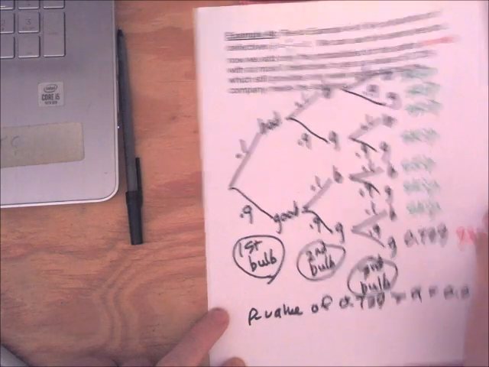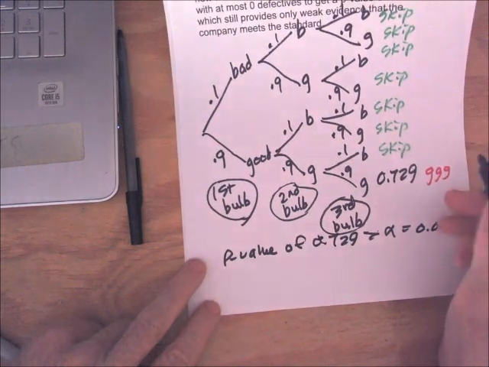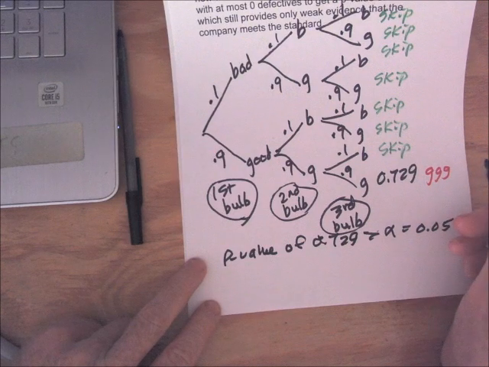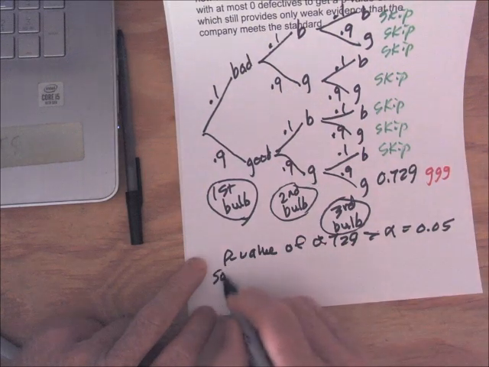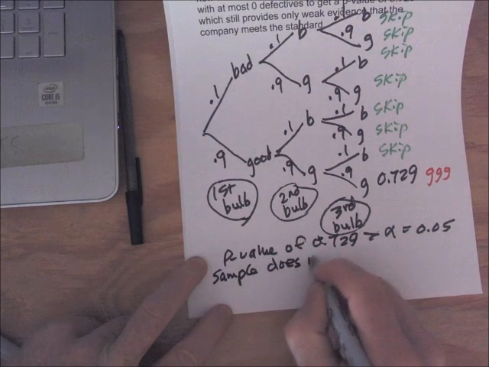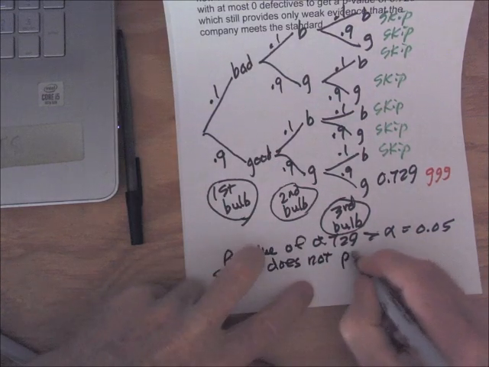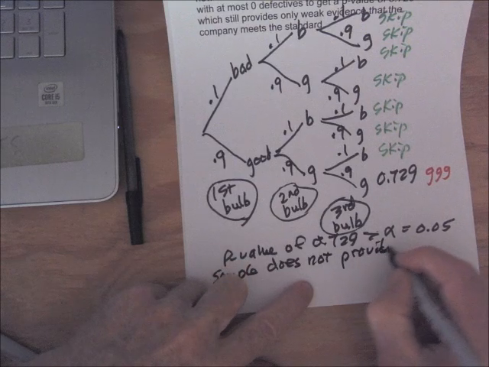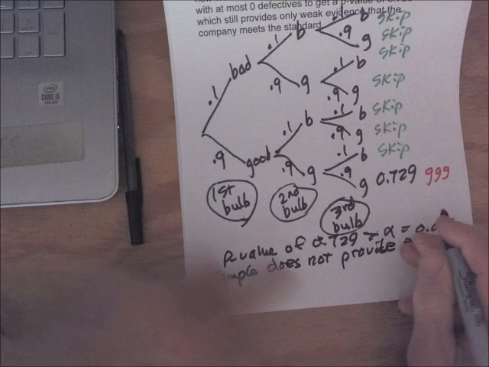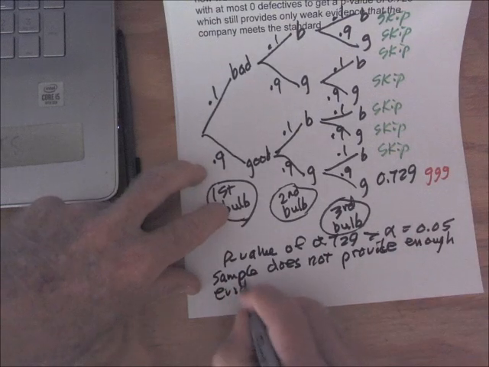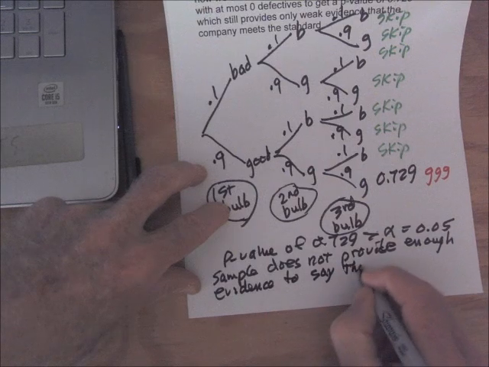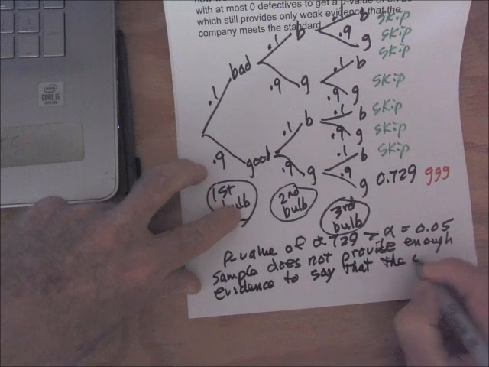So even with 0 defectives, because of the small sample size, it's not going to give us enough evidence. The sample does not provide enough evidence to say that the company meets the standard.